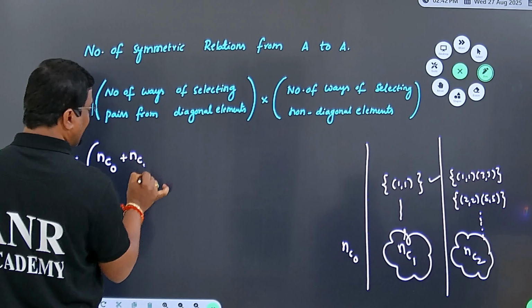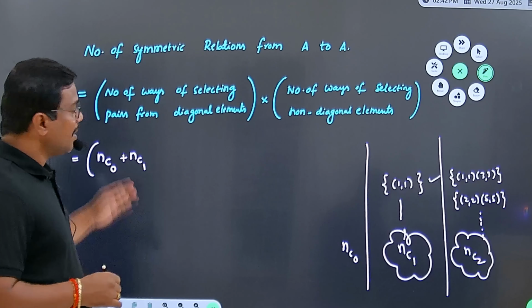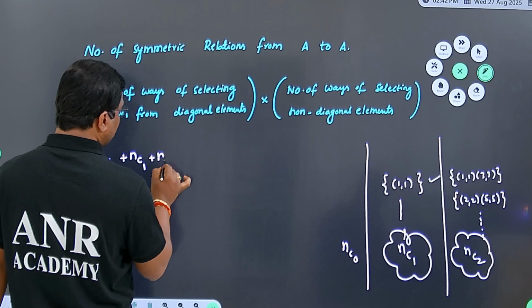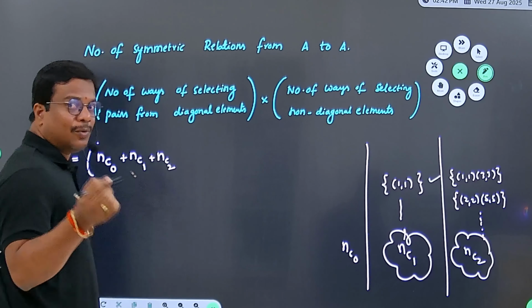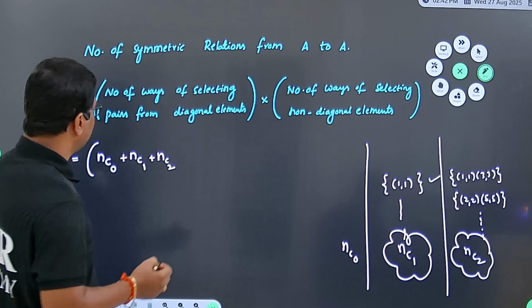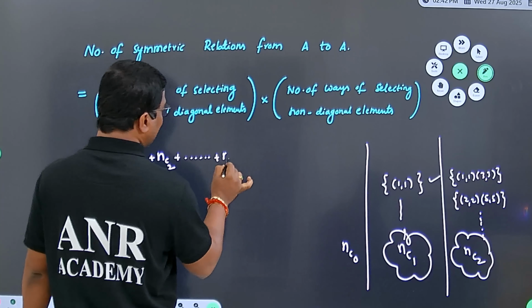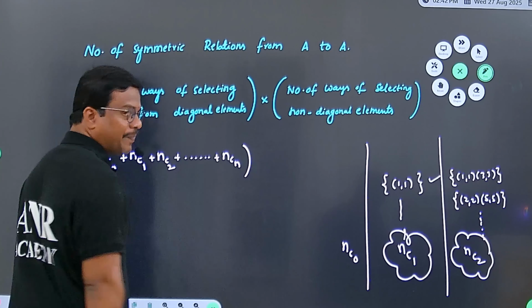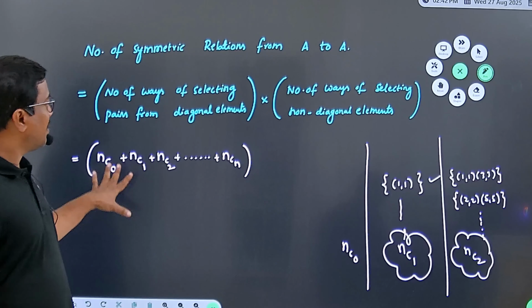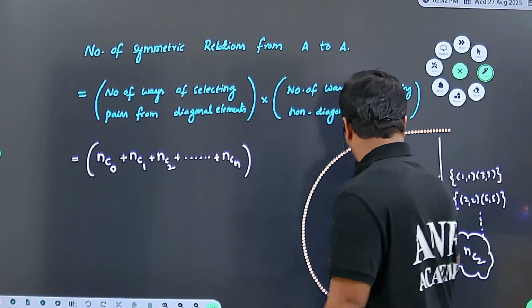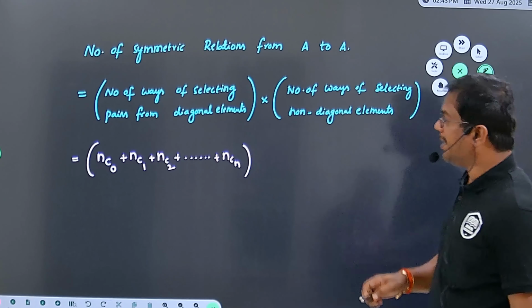Next, you may select only one pair from the n diagonal entries, another chance. Next, selection of only two pairs from diagonals. In that way, I can write up to nCn. So this is about selection of pairs from diagonal elements.